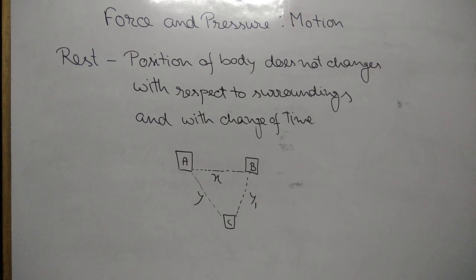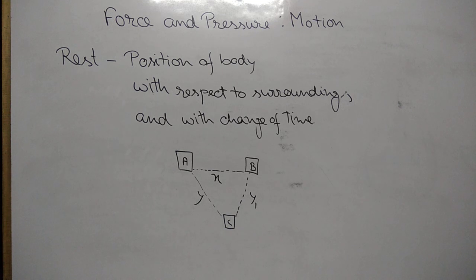In the book it is given that when the position of a body with respect to its surrounding does not change with time, the body is said to be at rest. So this is the definition of rest. Now we come to motion. Motion is just opposite to this definition. I am going to change only some words and we discuss motion.